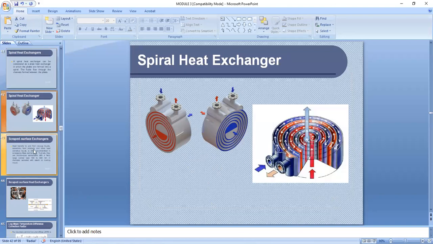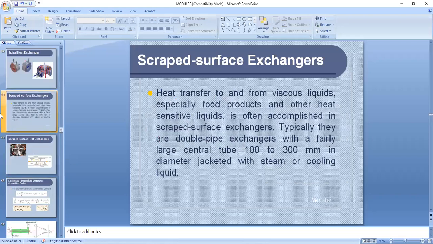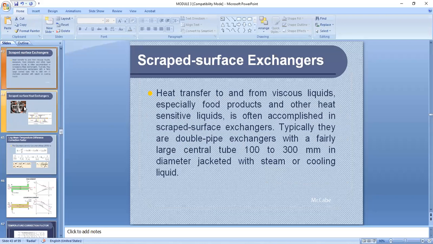Another thing, a modification of the double pipe heat exchanger, is the scrape surface exchanger, which is commonly used in the food manufacturing industry. Here, heat transfer to and from viscous fluids, especially food products and other heat-sensitive liquids, is often accomplished in scrape surface exchangers.